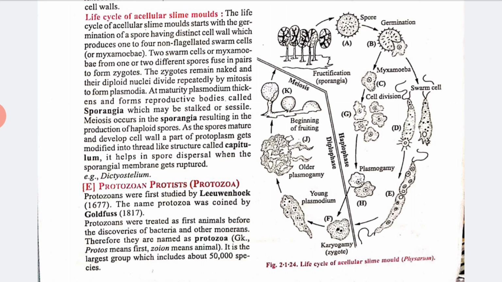After the zygote formation, a young plasmodium is formed. Then that young plasmodium becomes an older plasmodium, and after that it begins fruiting. You can see it at point K. Yes, you can see the beginning of fruiting. Clear? So this is the life cycle of an acellular slime mold.